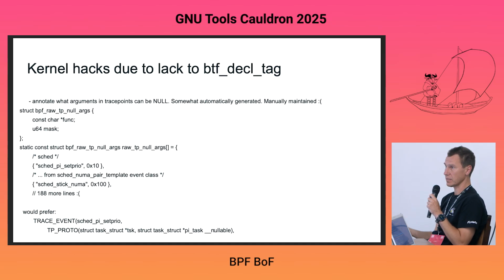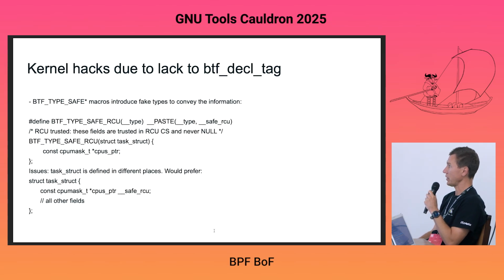The decl tags, the type tags, solve it nicely and cleanly. Again, this is not really BPF specific. We have other things where, because there are no types, we modify the structure name.